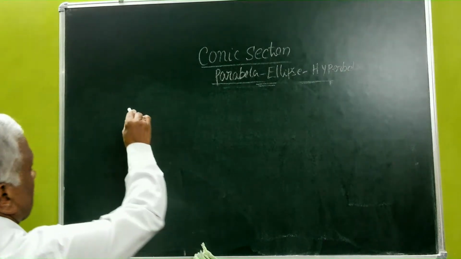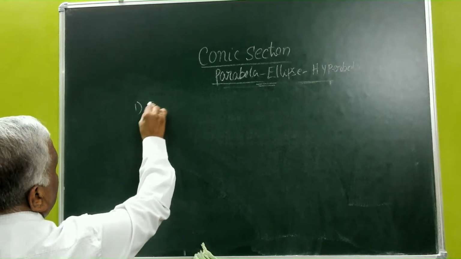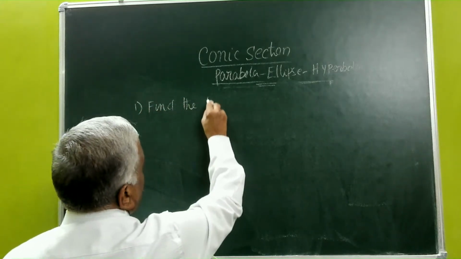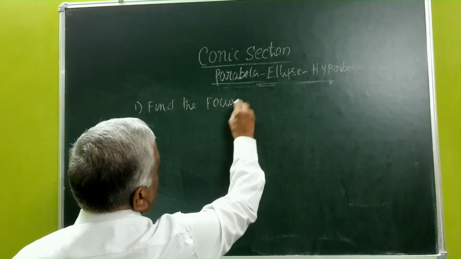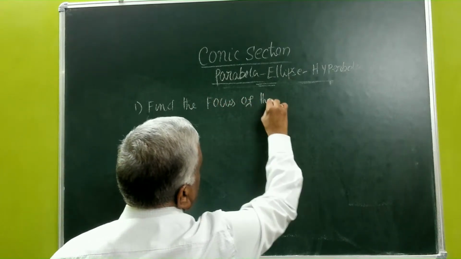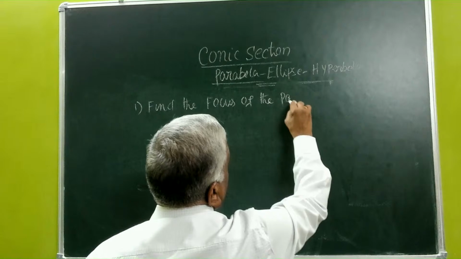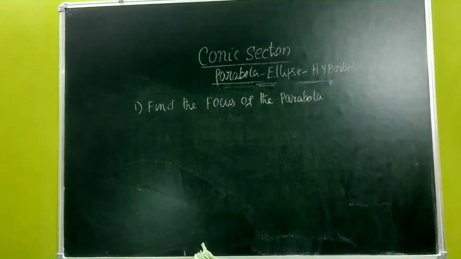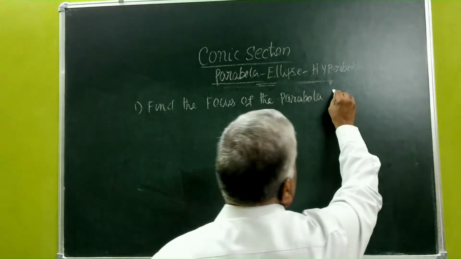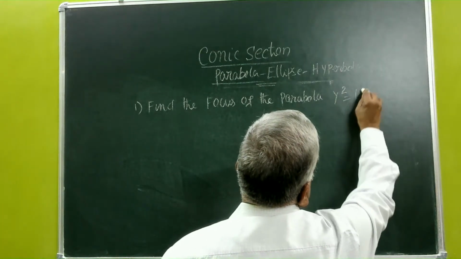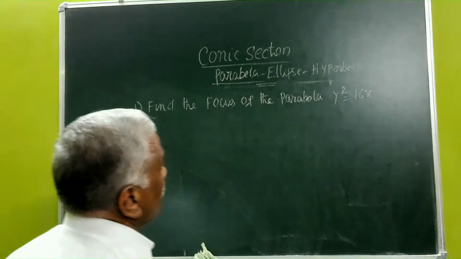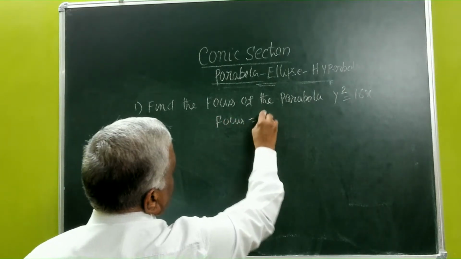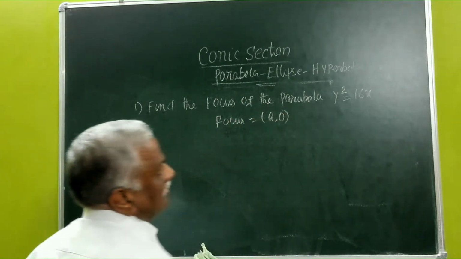Find the focus of the parabola y square equals 16x. You should remember focus is a comma 0.